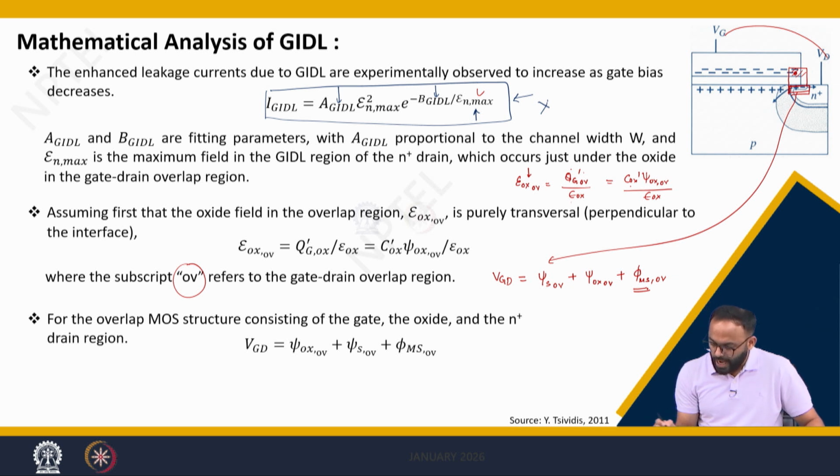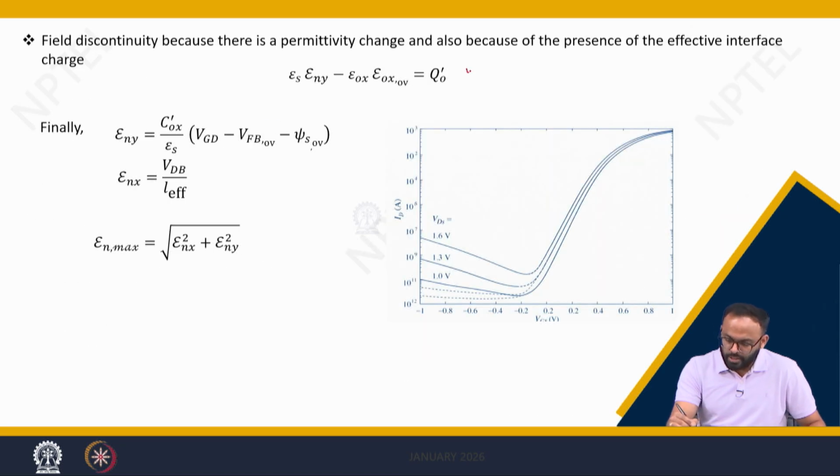To move further, I can simply put back this equation here for psi Ox. But first of all, I want to solve for the continuity of the electric field in this region, which can be solved by writing this equation, because the electric field is discontinuous at two dissimilar materials, one is oxide and one is semiconductor. This is nothing but the drain.